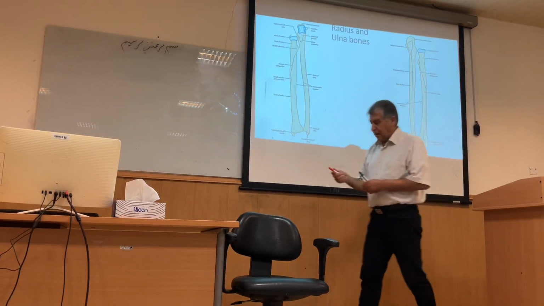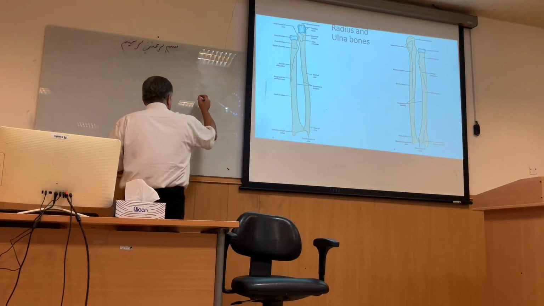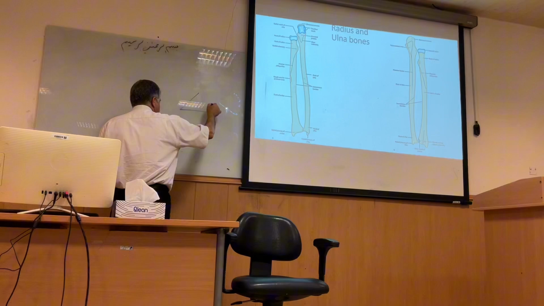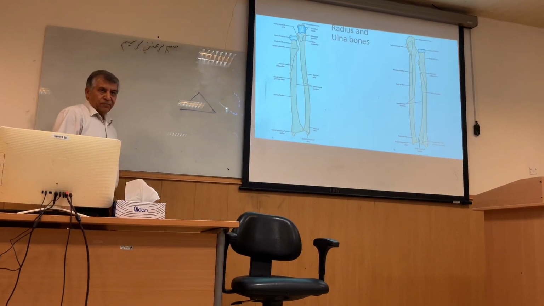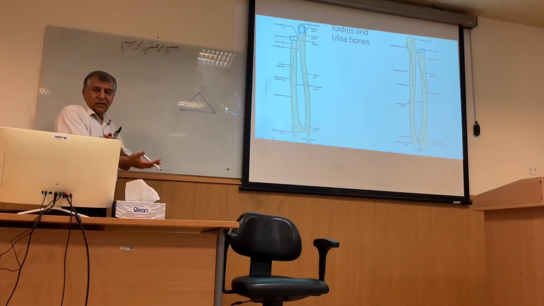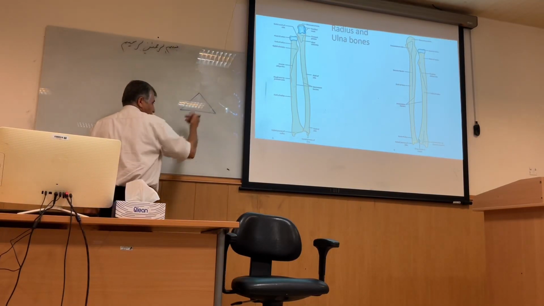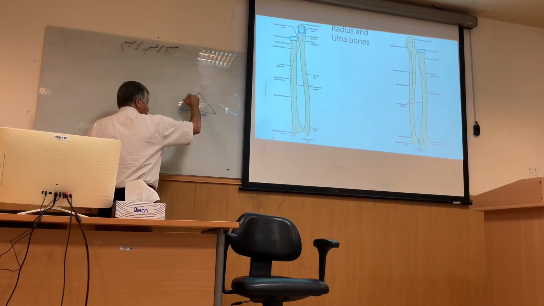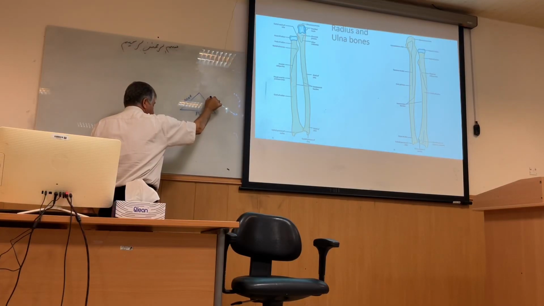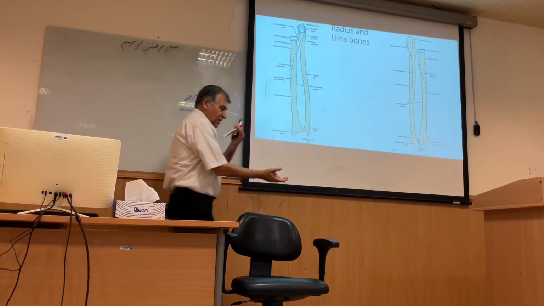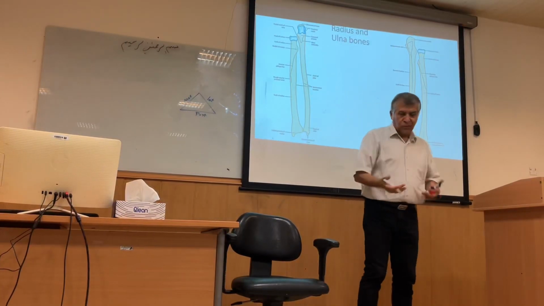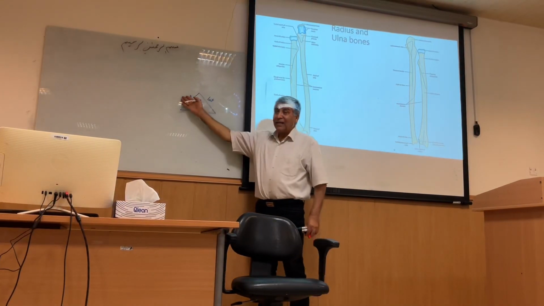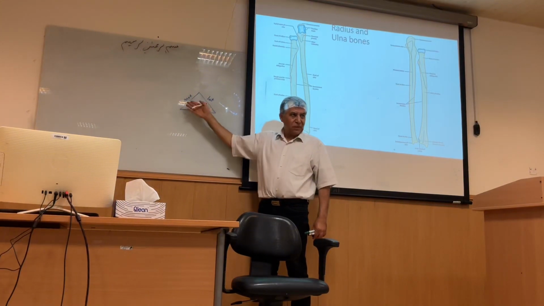This is a horizontal or transverse section of a long bone. Okay? Humerus, radius, ulna, femur, all long bones have three surfaces, for example posterior, medial, and lateral.